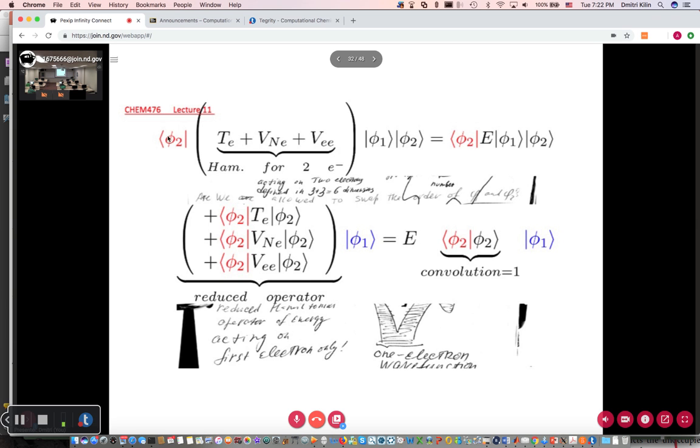So let's look at the first line, and let's assume that you do not see red color. Otherwise, it will be too many things to explain. So top line with equation and no red color. Then it is the same thing that we had before. So kinetic energy of electrons, attraction to nuclei, electron repulsion acts on 2 electron wave function equals energy times 2 electron wave function.